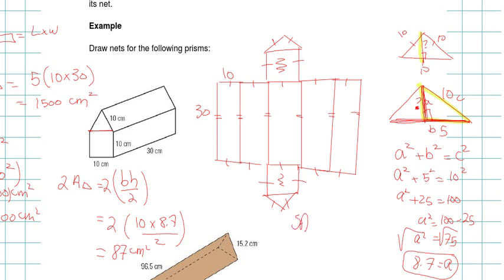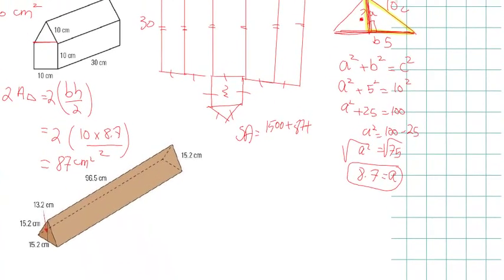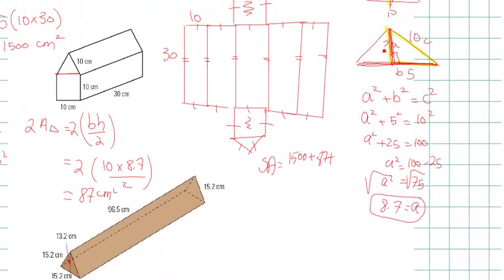So it's going to be 1500 plus 87 plus, what was the one for the square right here? 200, plus 200, and that's going to give me 1787 centimeters squared, and that is my total area for that shape.